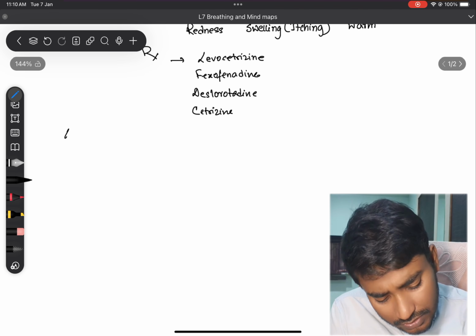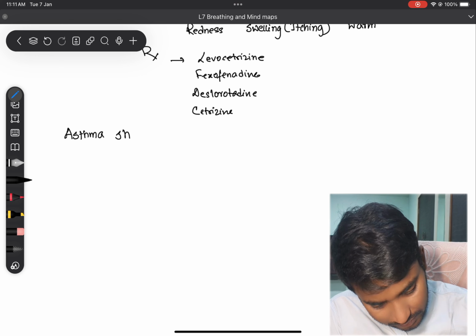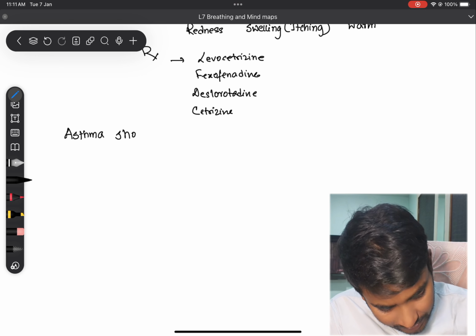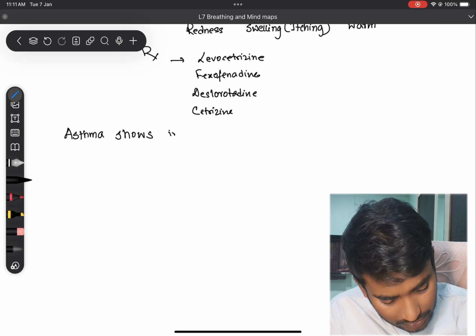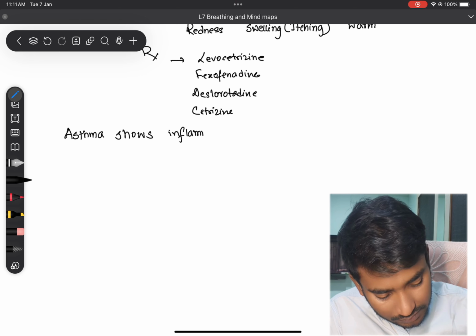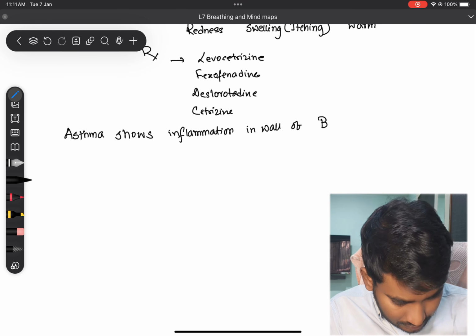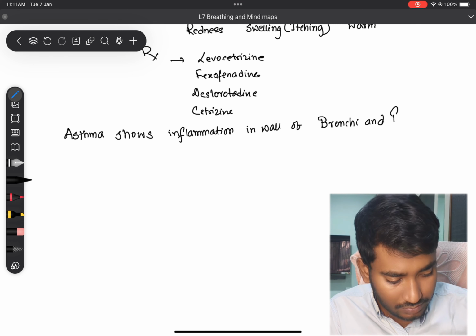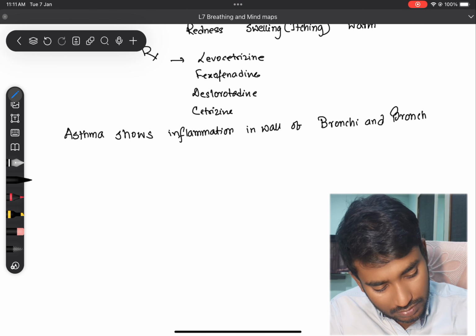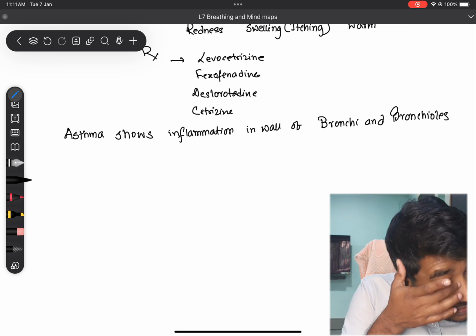Okay, so asthma shows inflammation in the wall of the bronchi and bronchioles. Narrowing the passage.